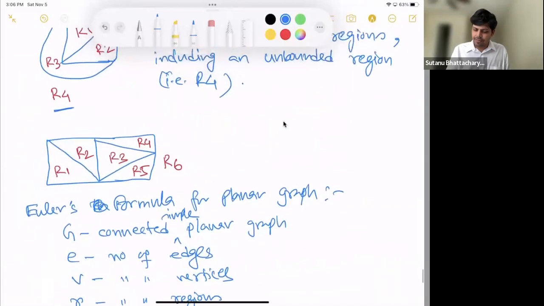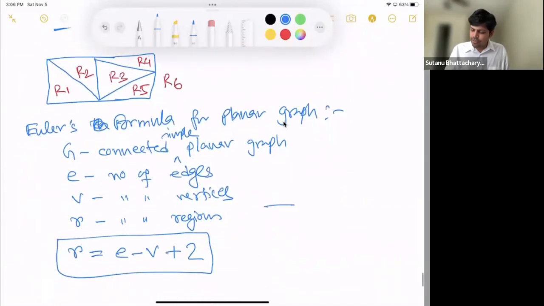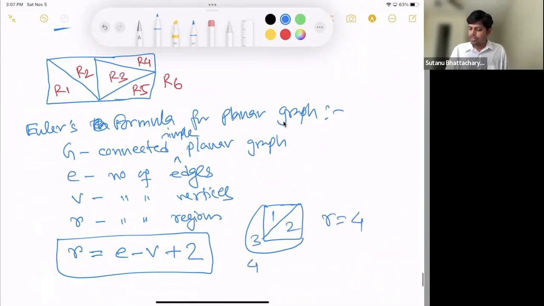Let's take the example of the graph that we talked about. Here the number of regions was 4: one region, 2, 3, and this one unbounded. And what was V? V was 1, 2, 3, 4. What is E here? Number of edges, 1, 2, 3, 4, 5, 6.